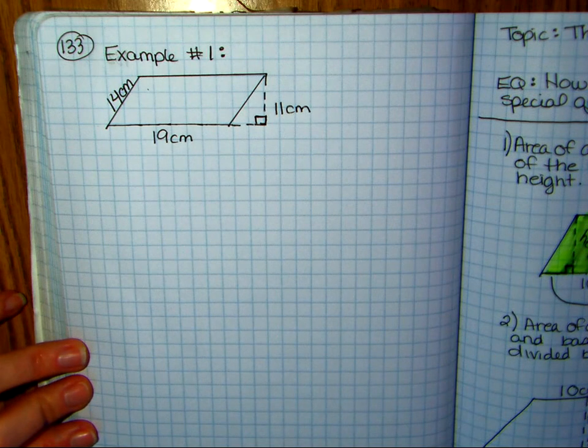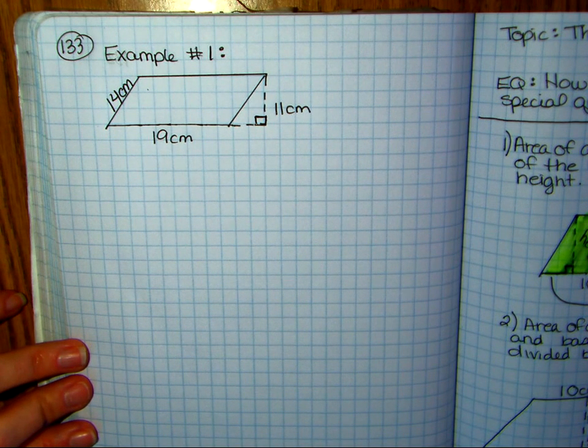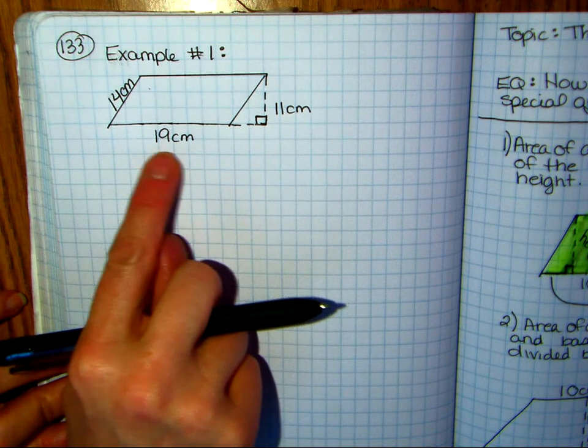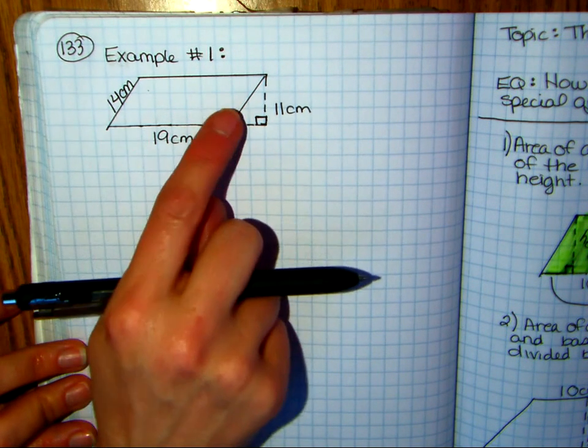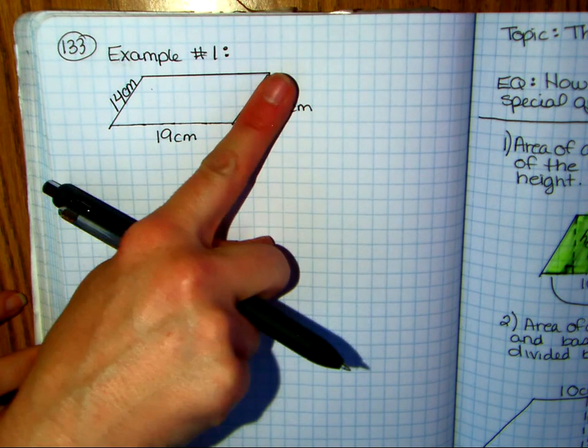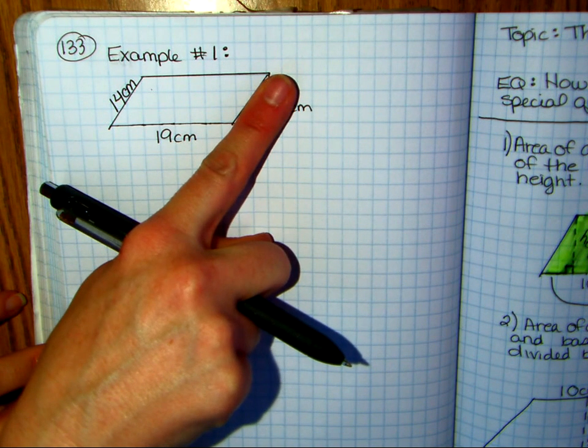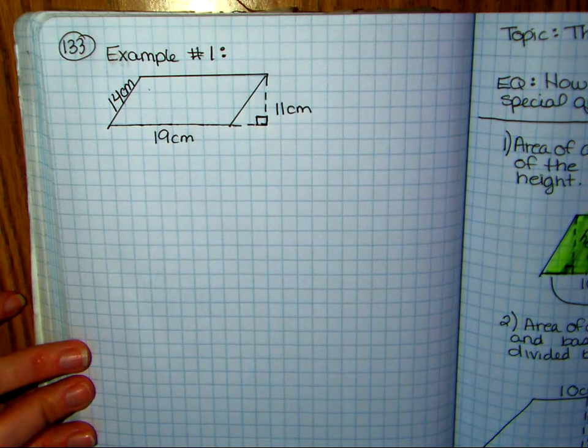Now, when you look at a shape like this parallelogram in a test question or in practice, sometimes you're going to get more information than you need. If I were finding the perimeter, I would add this 19, and the other 19 as well, plus 14 and 14 here, because this is a parallelogram.